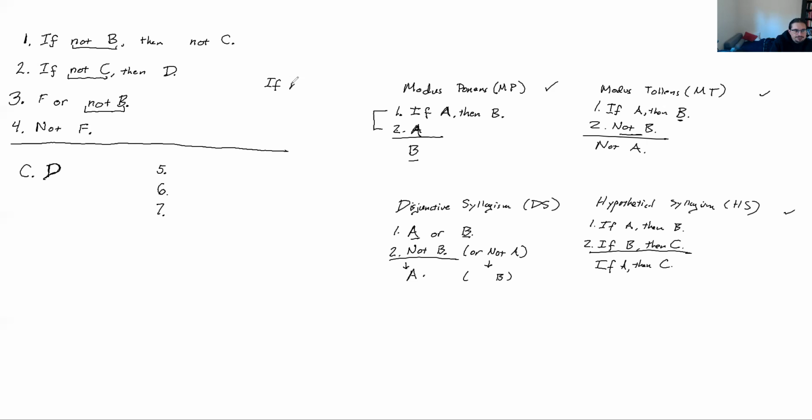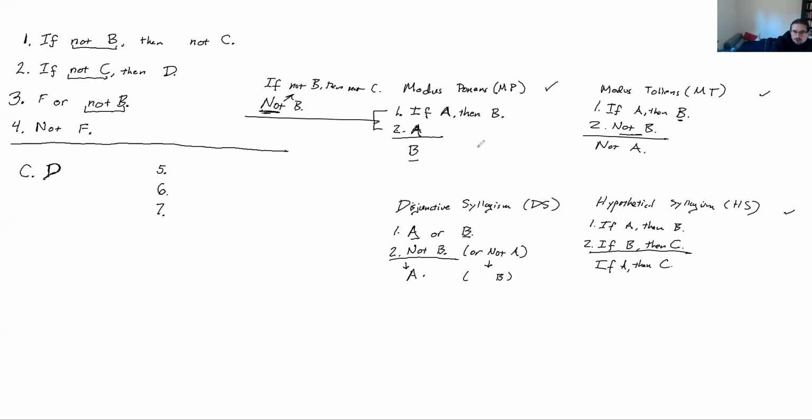If not B, then not C, not B. There's often a mistake that's made where some people will think that this is denying the antecedent and is therefore a fallacy because this line has the word not, and the form doesn't have that not.